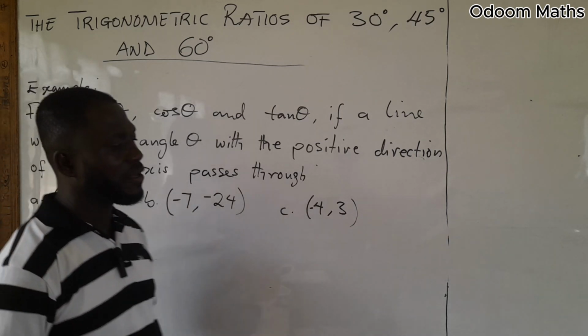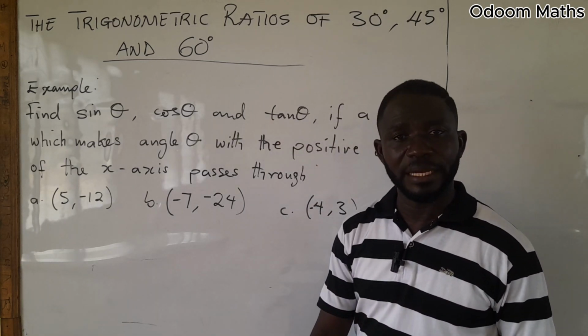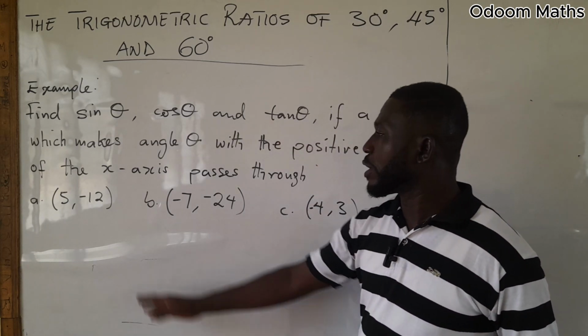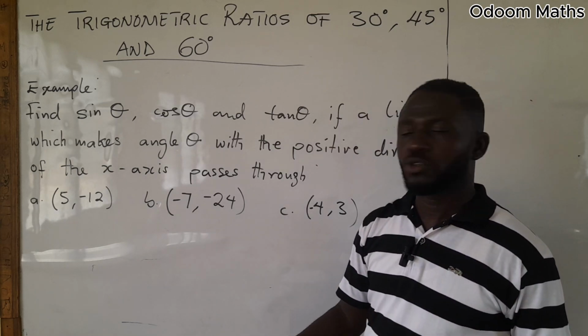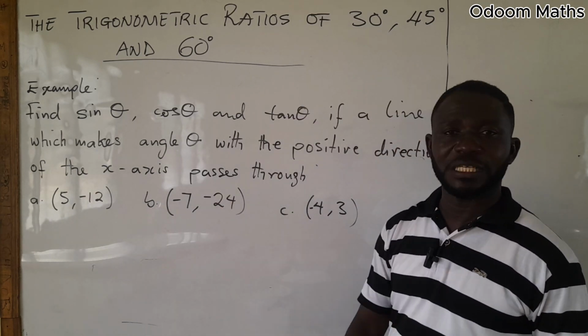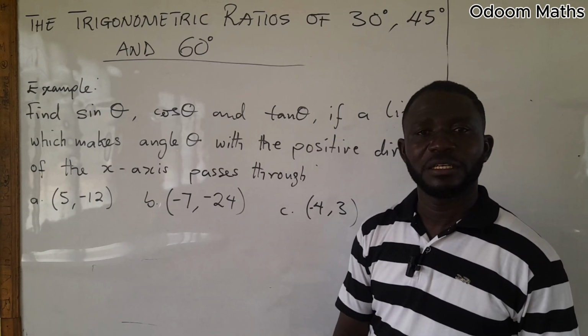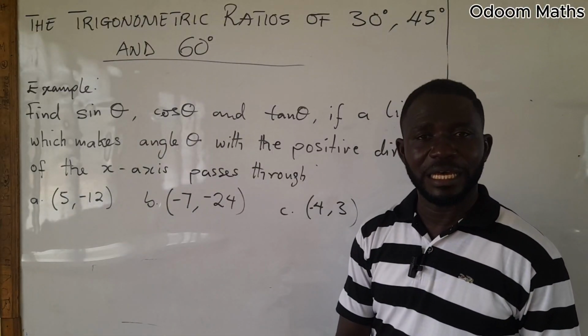Okay. Now here, what you are going to do is just to draw the Cartesian plane. Then you locate these points. So you draw for A, that of B, and then that of C, so that you'll be able to solve the question.